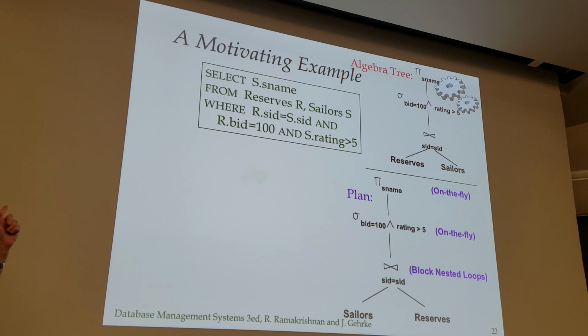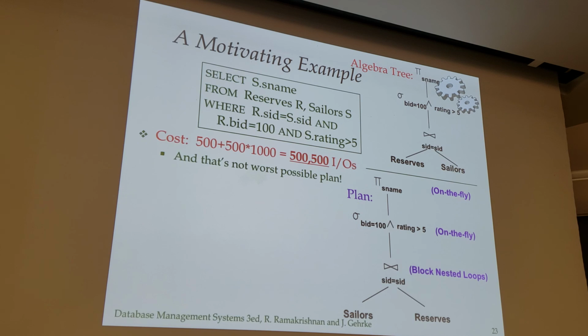So rather than writing out the result to disk, or even putting it all in memory and then waiting for the result to be finished, every time we have a tuple that comes out, we can apply the predicates in that sigma and then only project out what we care about in the answer, and that would give us the result. And that would be something that we can go ahead and do.